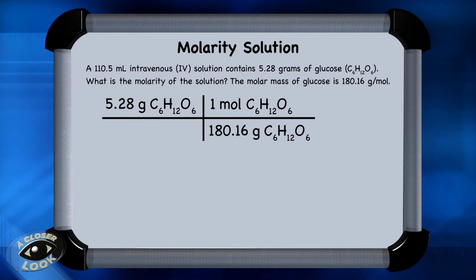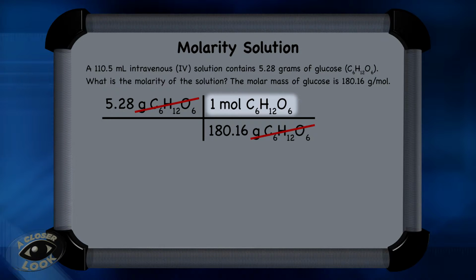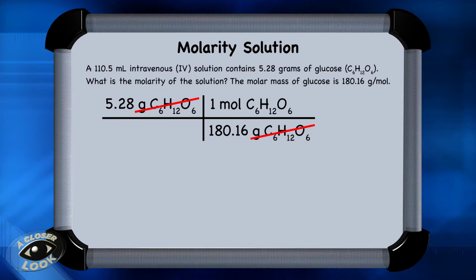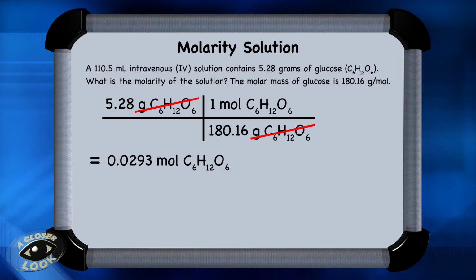That allows us to cancel the units of grams of glucose because grams appear in both the numerator and the denominator. Once we do the calculation, we will be left with moles of glucose. When we multiply 5.28 times 1 and then divide that by 180.16, we find that we have 0.0293 moles of glucose.